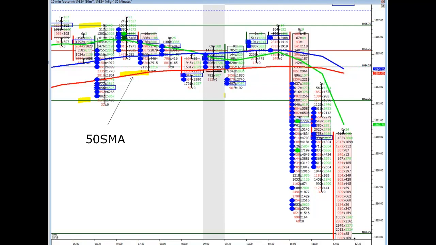Now, I also have my volume point of control for the evening period. And remember, these lines are for the evening session, the value area high and the value area low, because the day has not yet started.